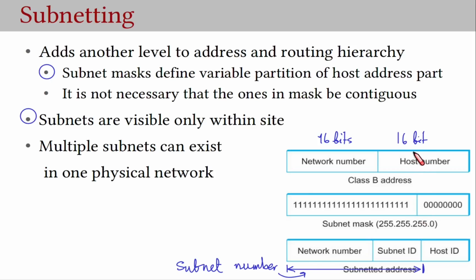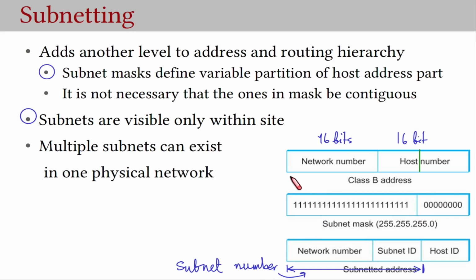In this example we have started with a class B address, and then we have created these subnets where we have used class C addresses. And so what we have done is we have created this subnet ID, which is 8 bits, and host ID, that's another 8 bits. So what this subnet mask allows us to do is a bitwise AND on any IP address, and that allows us to determine the subnet number.